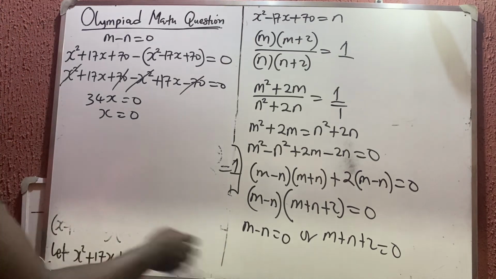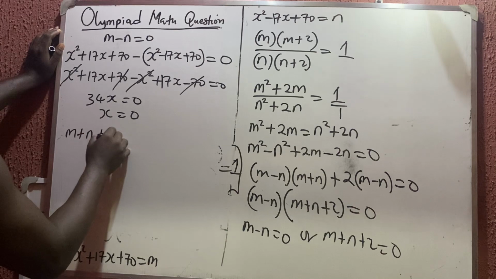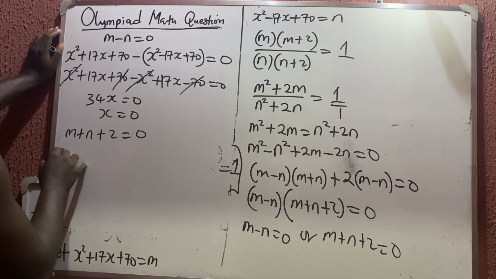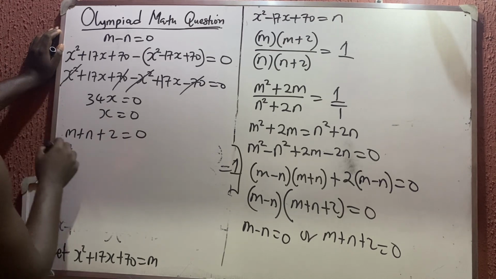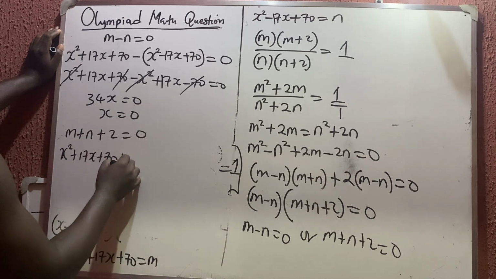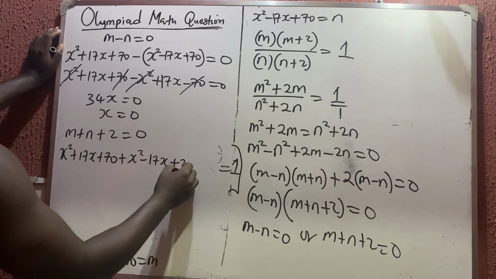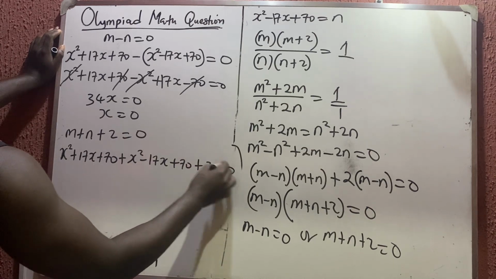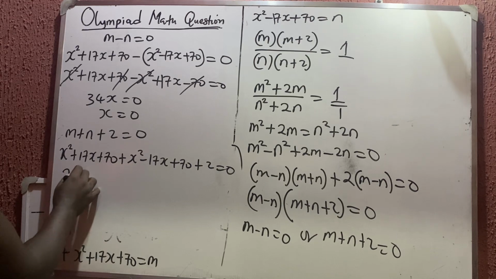Now let us check the second case. For the second case, we have that m plus n plus 2 is equal to 0. So our m is x squared plus 17x plus 70, then plus x squared minus 17x plus 70, then plus 2 is equal to 0. So this and this is giving me 2x squared.